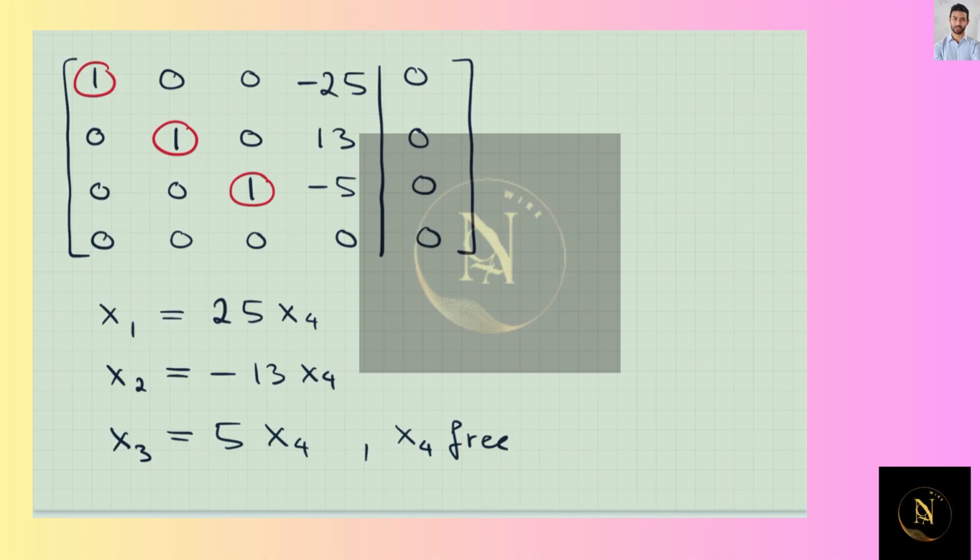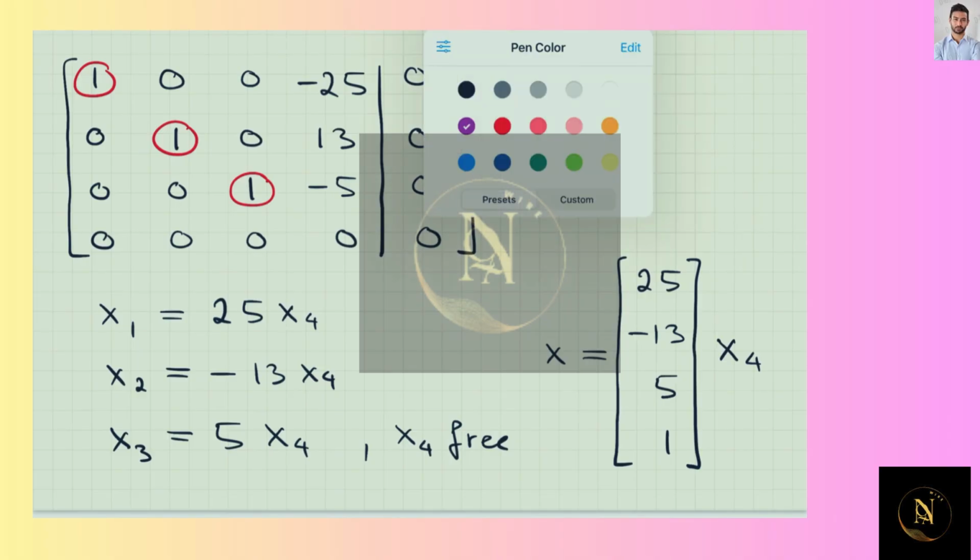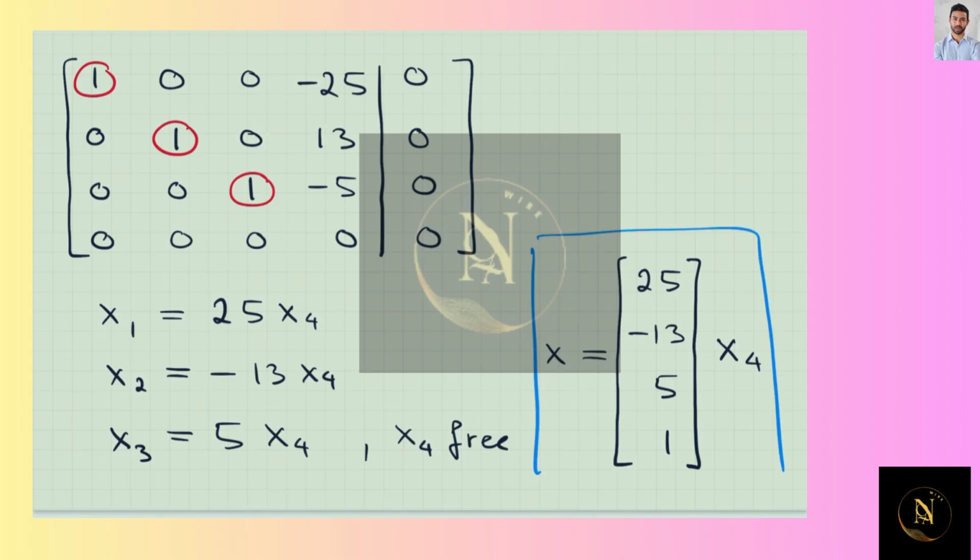Or as a vector, we can write this as x equals 25, negative 13, 5, and 1 multiplied by x4. There are infinitely many solutions. For every value of x4, there is a solution. So this is the general solution of the system of equations.